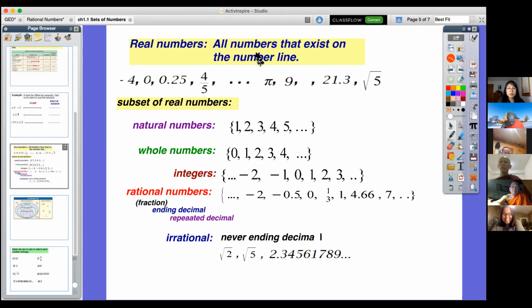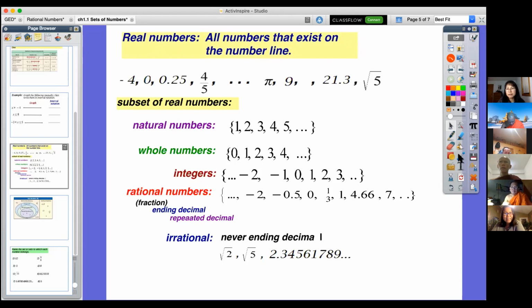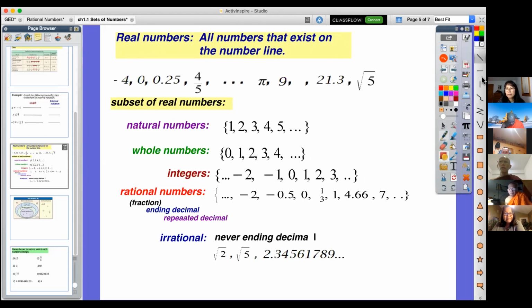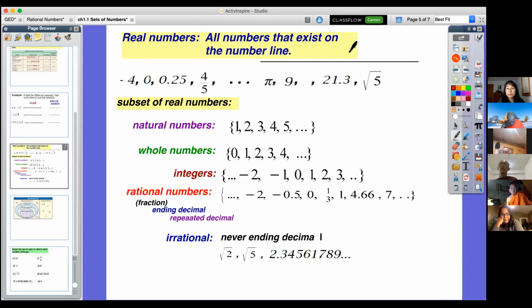Okay, so when you're talking about a number line, so this is a number line. You have 0, 1, 2, 3, and then you go to the left, you have -1, -2.